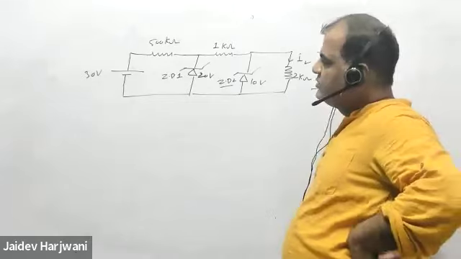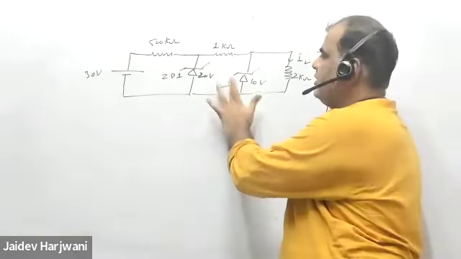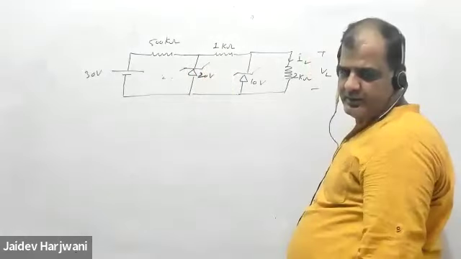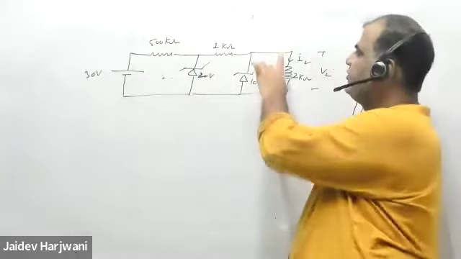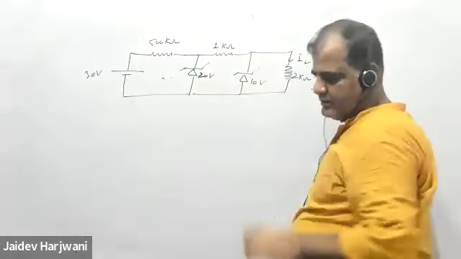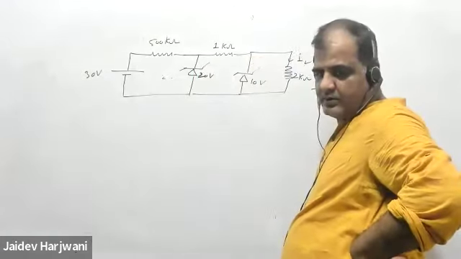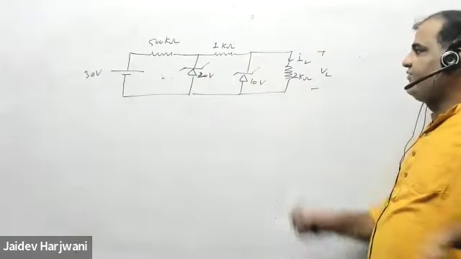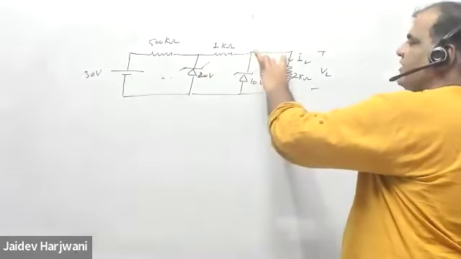So if these two Zener diodes, if both are on, okay, then what is the value here? What is the VL? What is the value of VL if this is on?